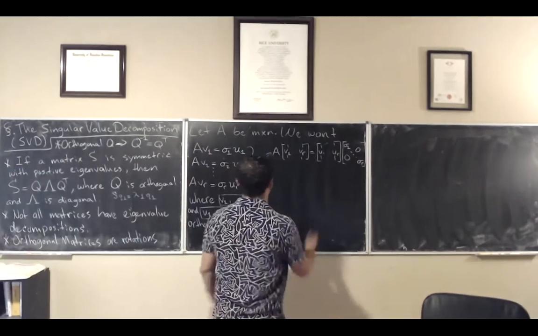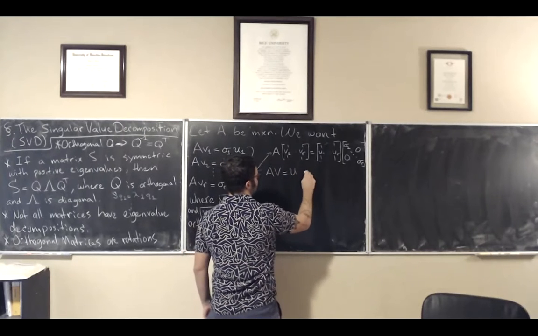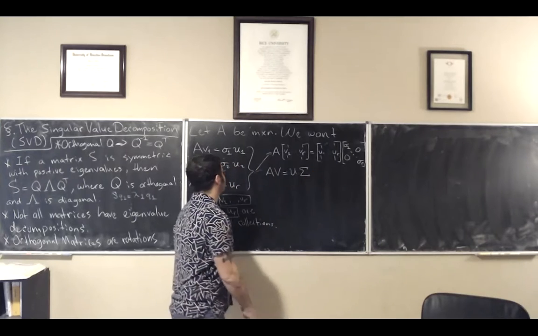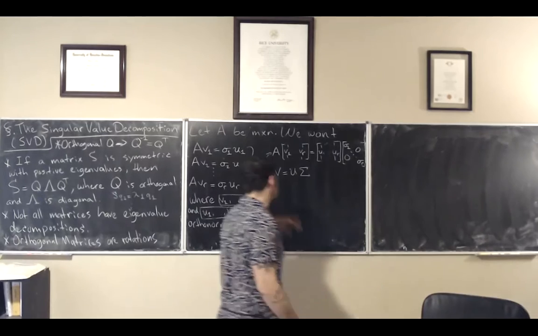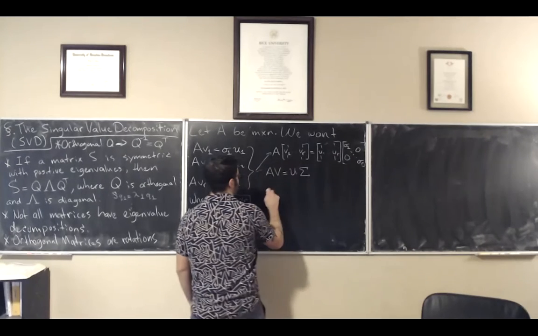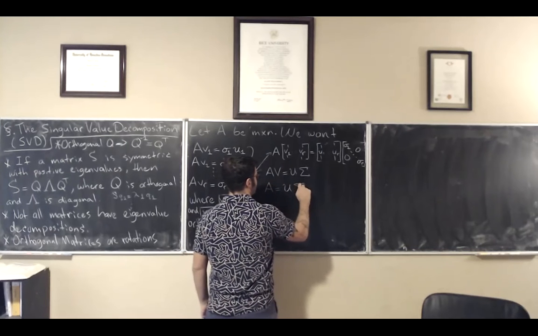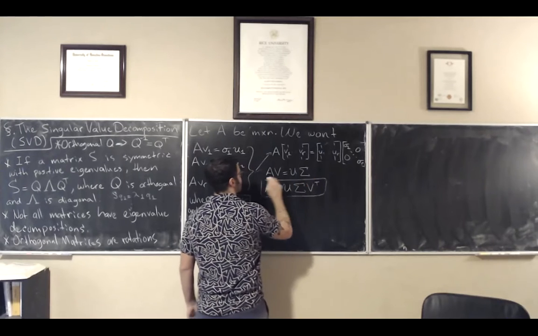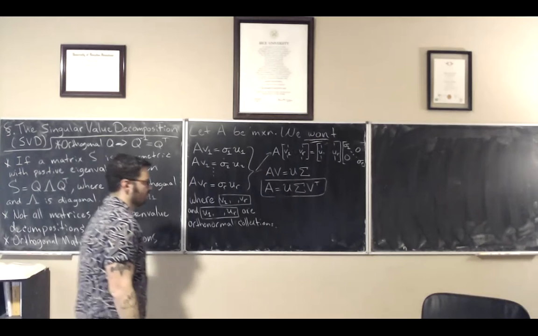So this is just saying A V is equal to U, we'll call this capital sigma. And since V is a collection of orthonormal vectors, it's an orthogonal matrix, so if we multiply by V transpose on both sides of this equation, we get A is equal to U sigma V transpose. So this is what we want. We want something that looks like that.